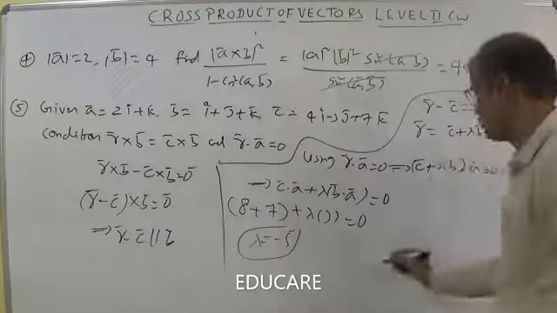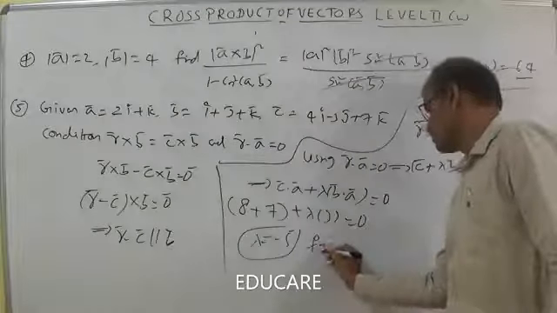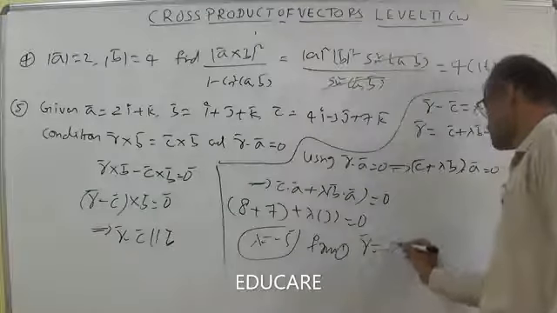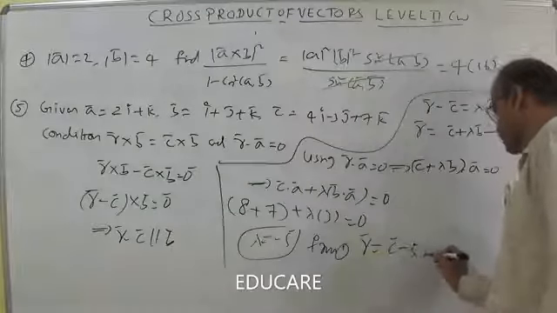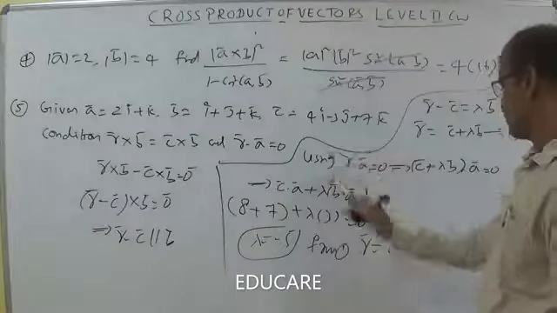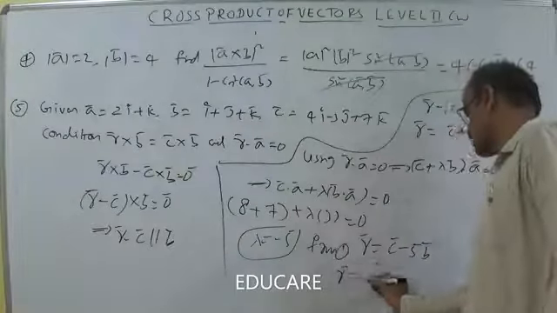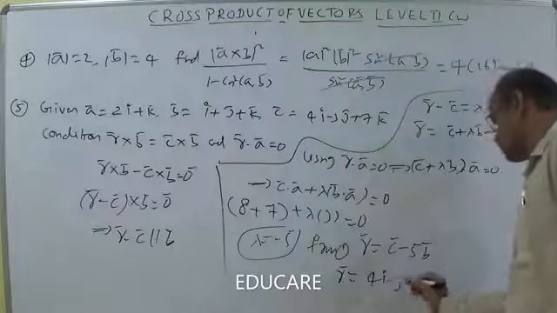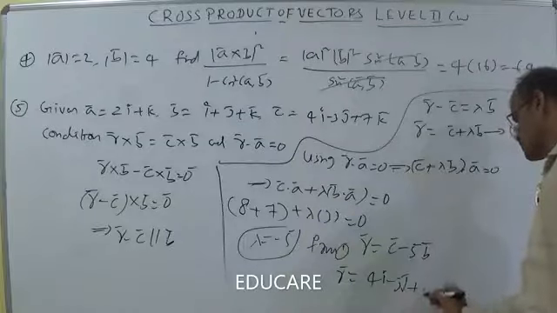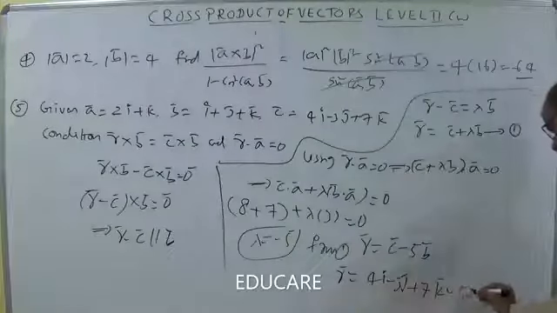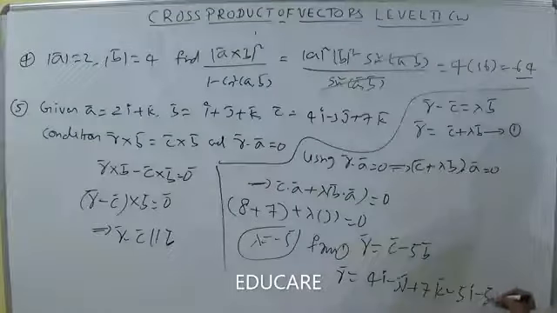Substitute the value lambda is equal to minus 5 in 1. From 1 I am writing r bar is equal to c bar minus 5b bar. So what is the value of c and minus 5b? So r bar is equal to c here 4i minus 3j plus 7k, minus 5b, minus 5i minus 5j minus 5k.